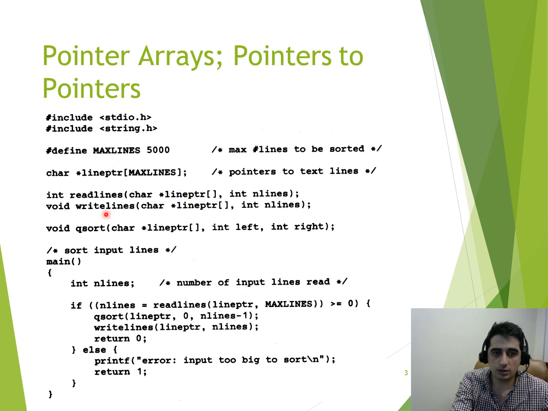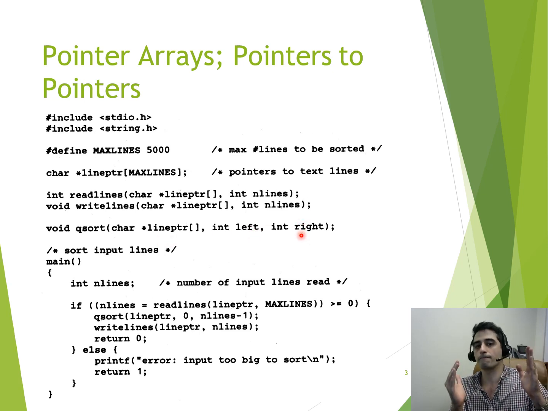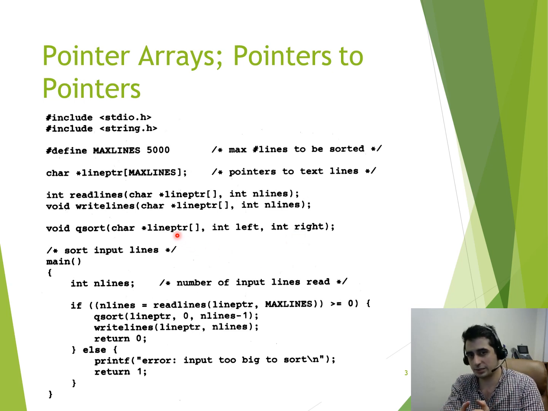And the writelines function basically prints a given list of strings on the screen, and the last one, which is quicksort or qsort, gets a list of strings, a left and a right index, which basically specifies a subarray of that list, or a subarray of the array lineptr, and it sorts that subarray.